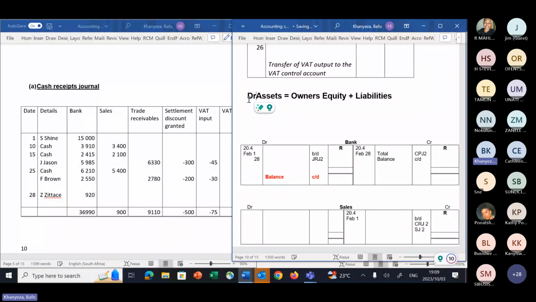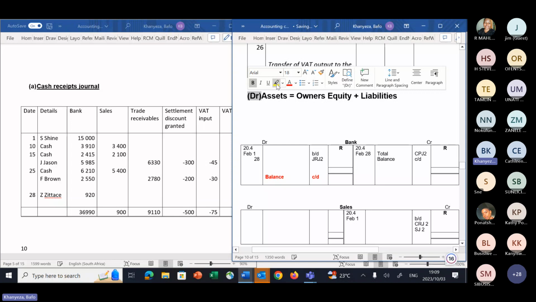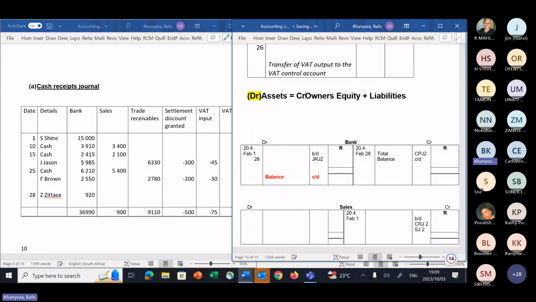Assets are on the debit side. So you can write this down if you want to decide whether to credit or debit. And owner's equity is on the credit side.